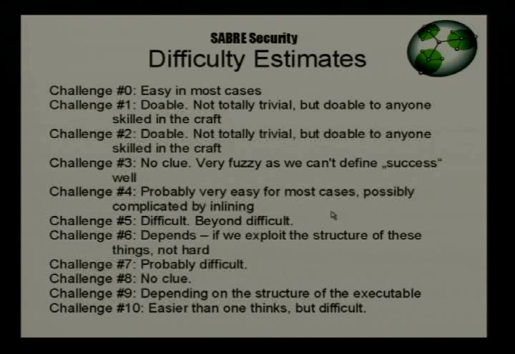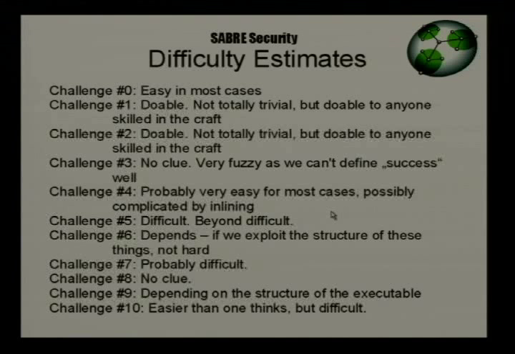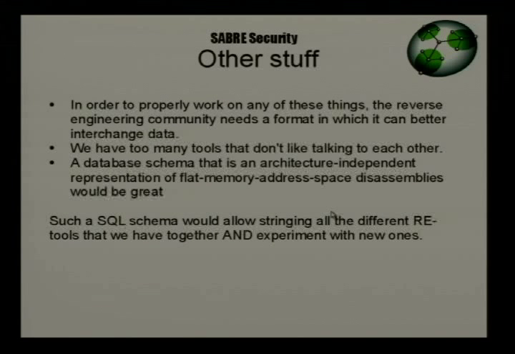Challenge number 9, reconstruction of the state diagrams should be possible, but depends of course on the structure of the executable. Challenge number 10, semantics-based library signatures looks very, very difficult at first, but getting something that recognizes some things should be relatively easy.